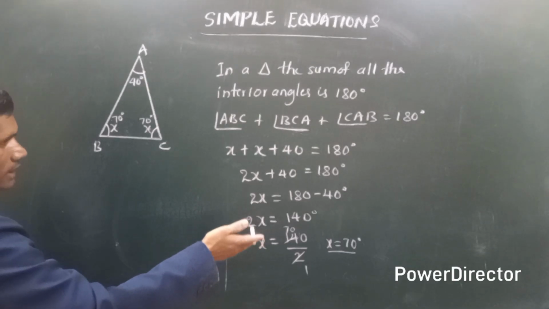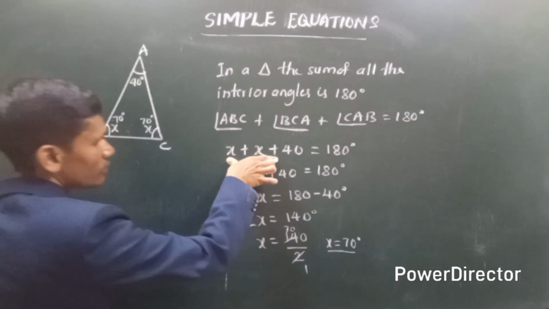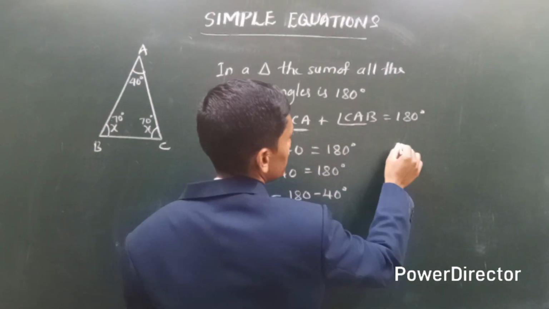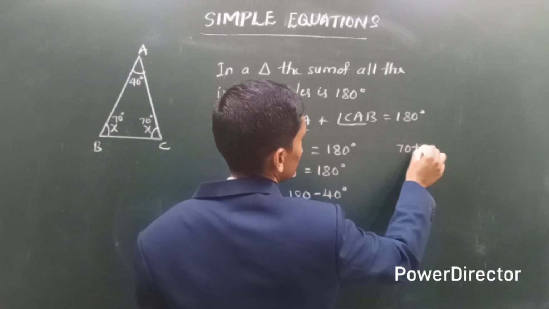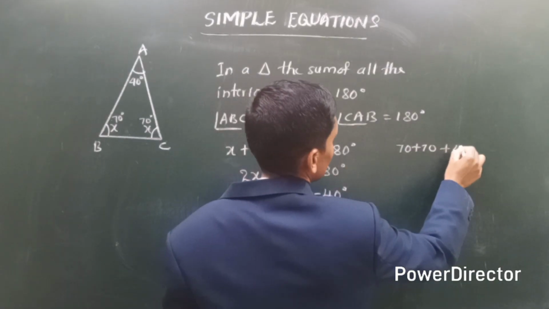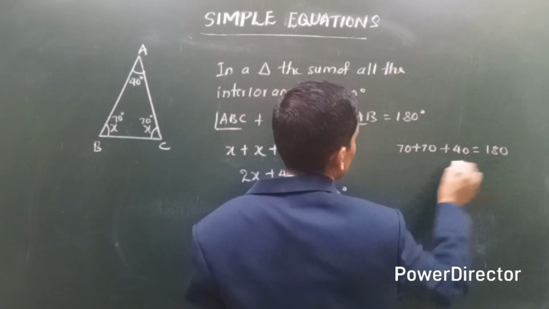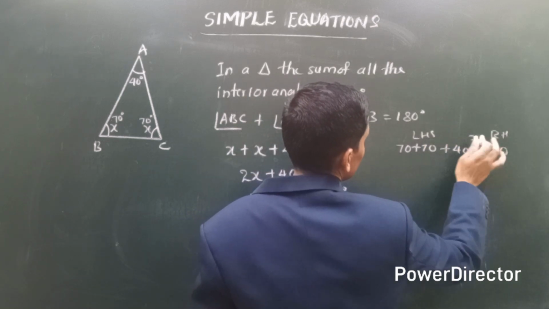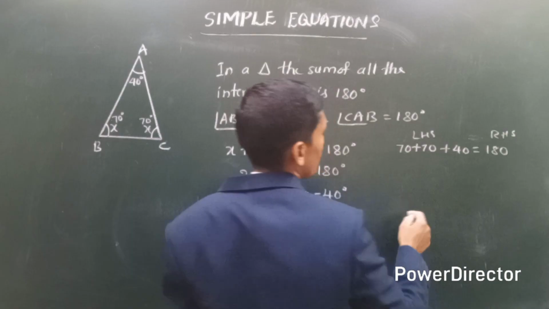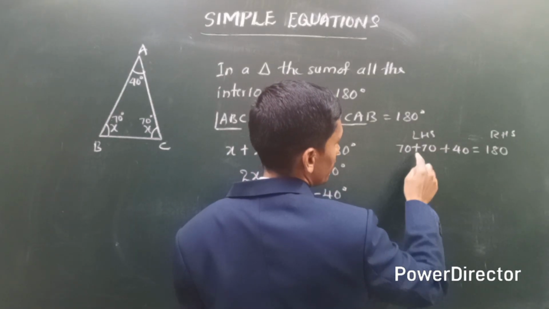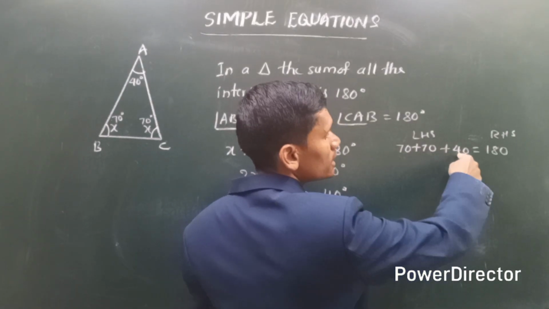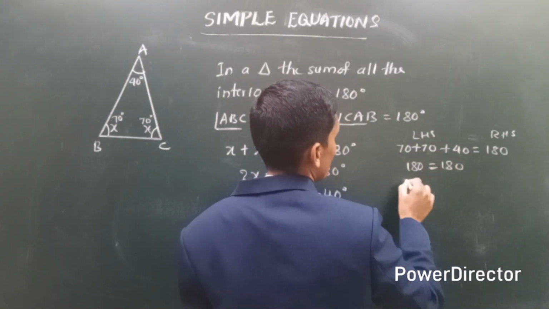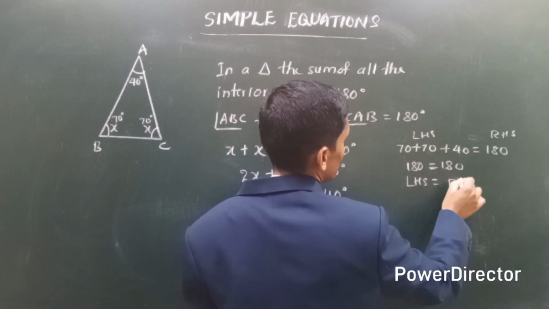If you want to check whether it is right or wrong, just take this expression here. These angles, if you add, according to this statement, 70 plus 70 plus 40 should be equal to 180. This is LHS, this is RHS. Now 70 plus 70 is 140, plus 40 is 180. 180 is equal to 180 degrees. So we can say LHS is equal to RHS.